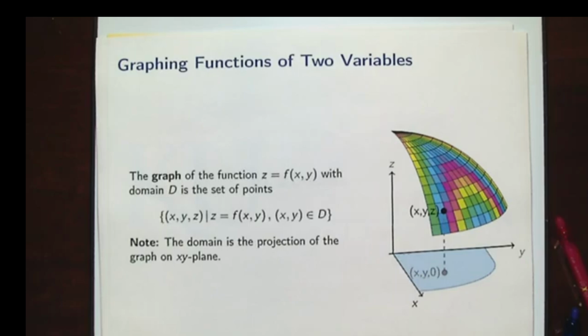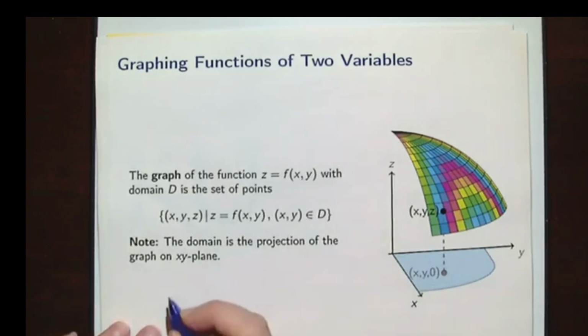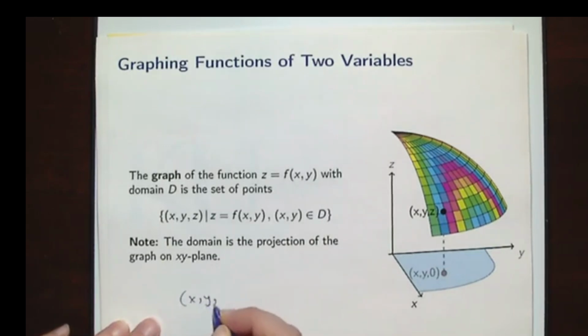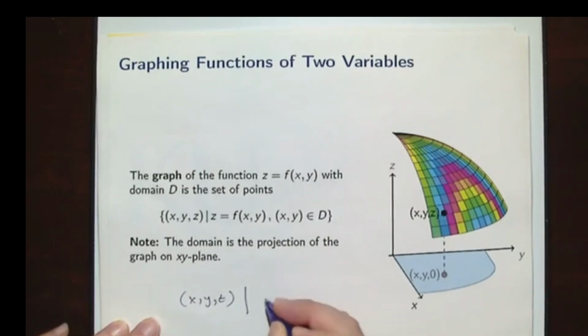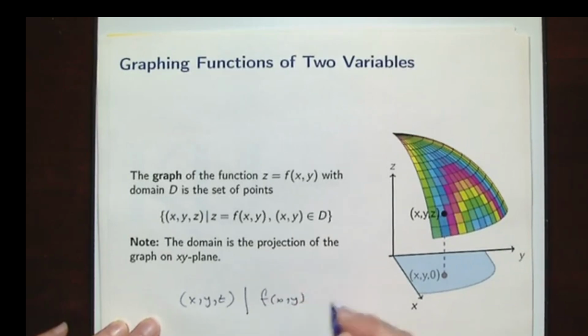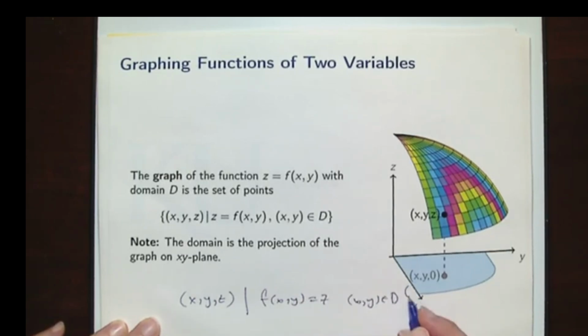So if I give you a z-value for each point, there is a point in the xyz 3D. Another point here, another point. So it makes a surface. So the graph of a function becomes a surface. So it's all x, y, z such that f of x and y is equal to z. Can I show you a picture before you go?